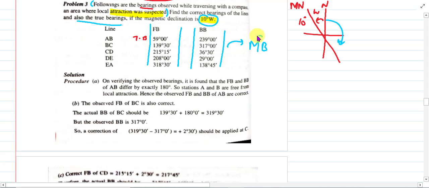So these values are not taken from the true meridian. These values are taken from the magnetic north directions.